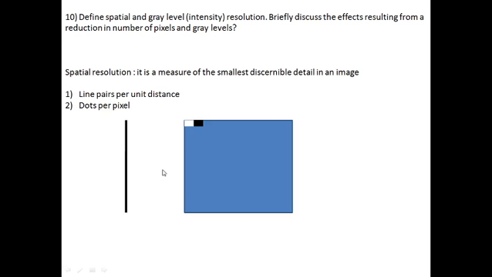One is a white dot and one is a black dot, and we will be measuring for 1 inch. For 1 inch, how many dots are present? That is called dots per inch. So these are the two ways of measuring the spatial resolution.